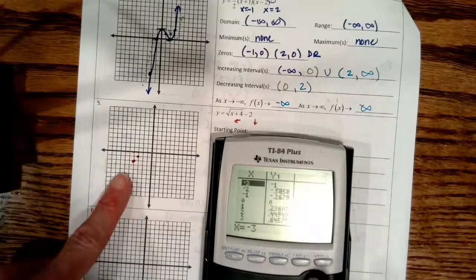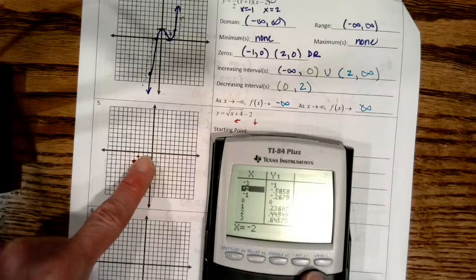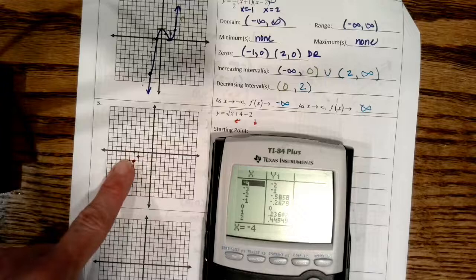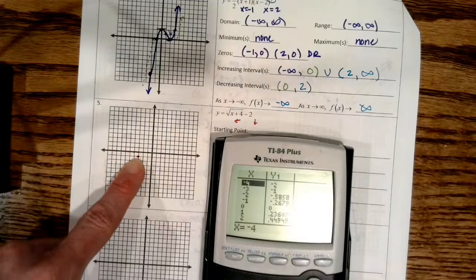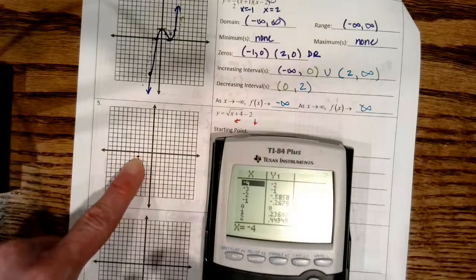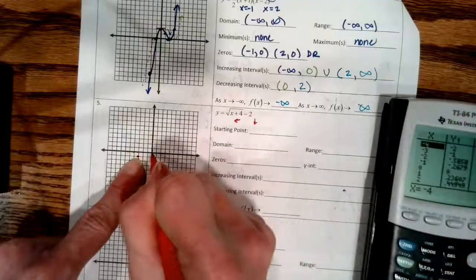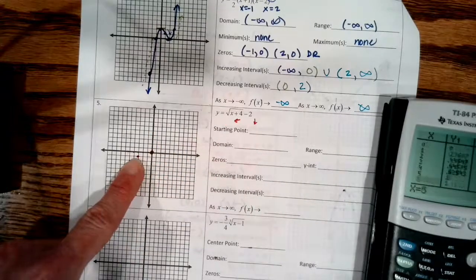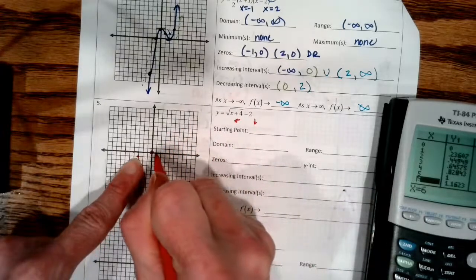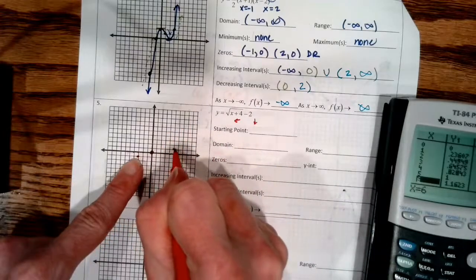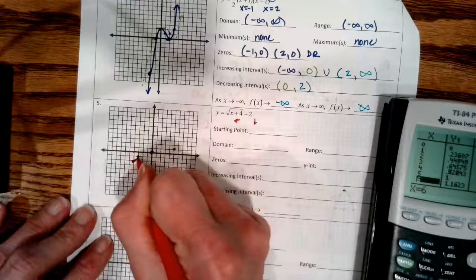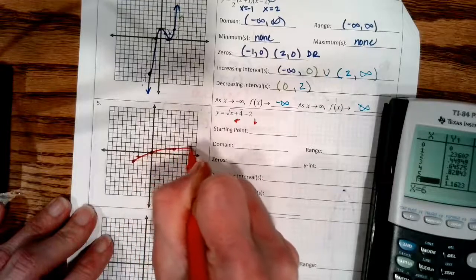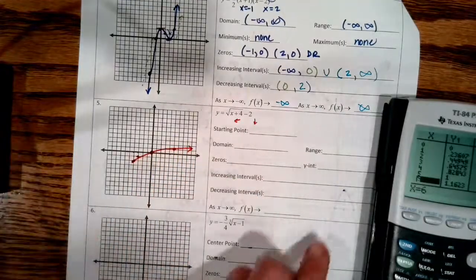I can go to the table of values for here's my -4, down 2. Here's my -3, down 1. My next integer coordinate is 0, 0. And then my next integer coordinate is 1, and that should do it.